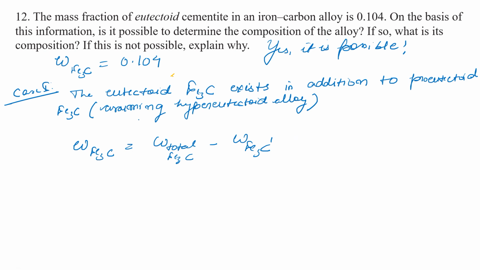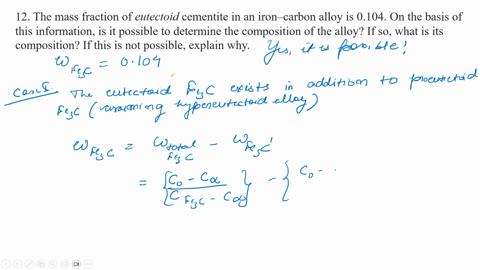So we have seen in the previous equations, the total cementite equation can be given by C naught minus C alpha divided by CFe3C minus C alpha, and the eutectoid cementite will be given by C naught minus Cp divided by Cp minus C alpha.